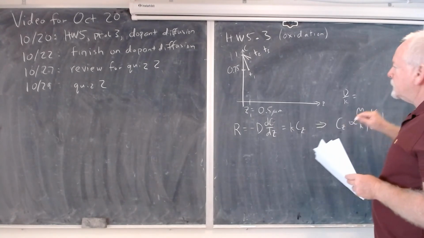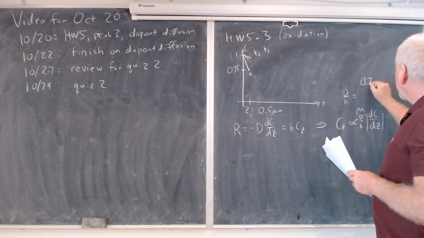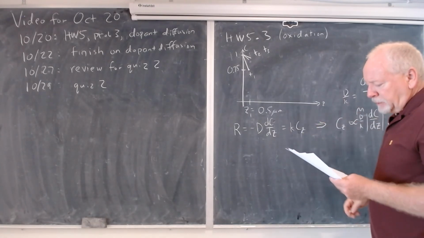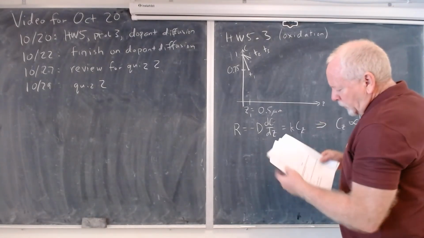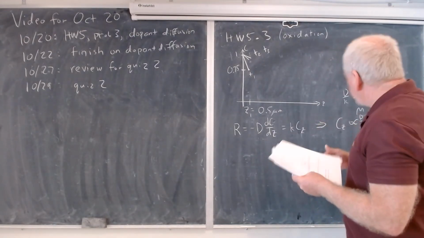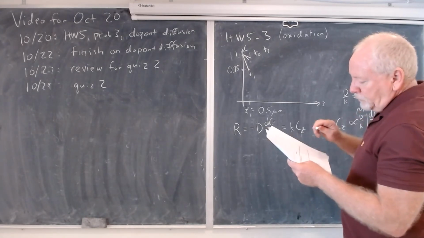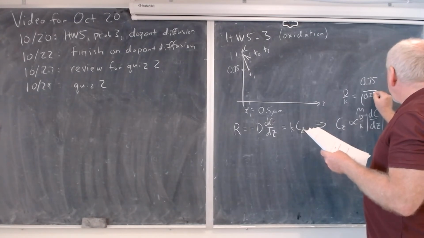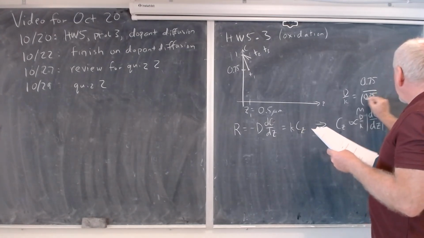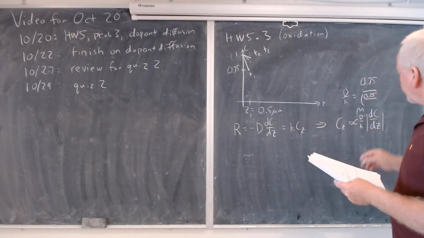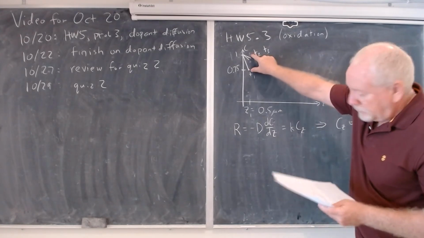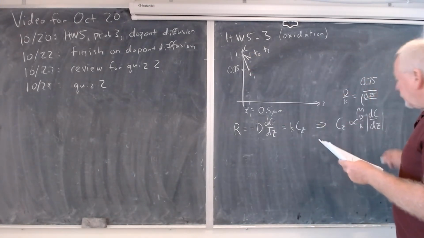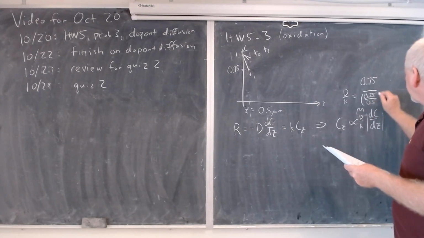So you can work out that D over k is equal to Cz, 0.75, over dC/dZ. To get dC/dZ, you look at the slope. The slope is delta C, 0.25, over 0.5.